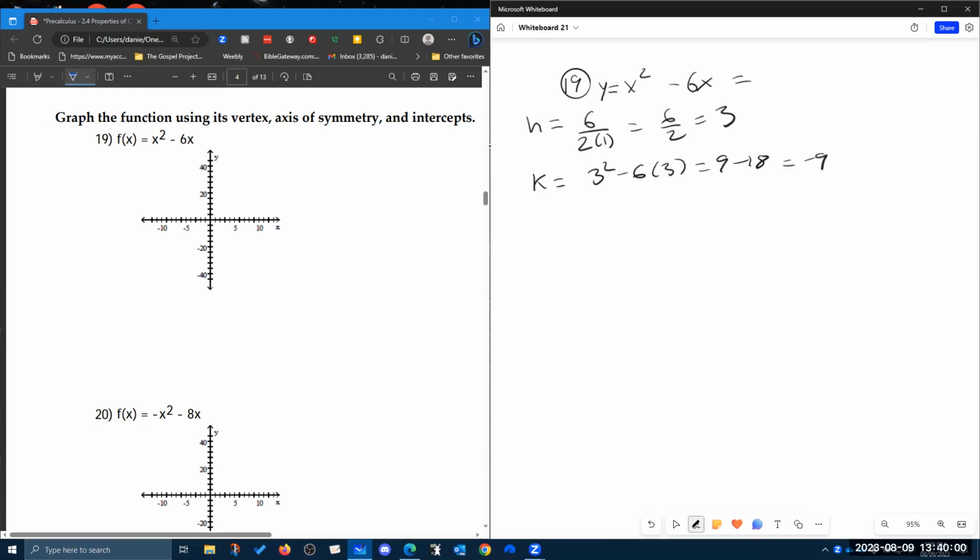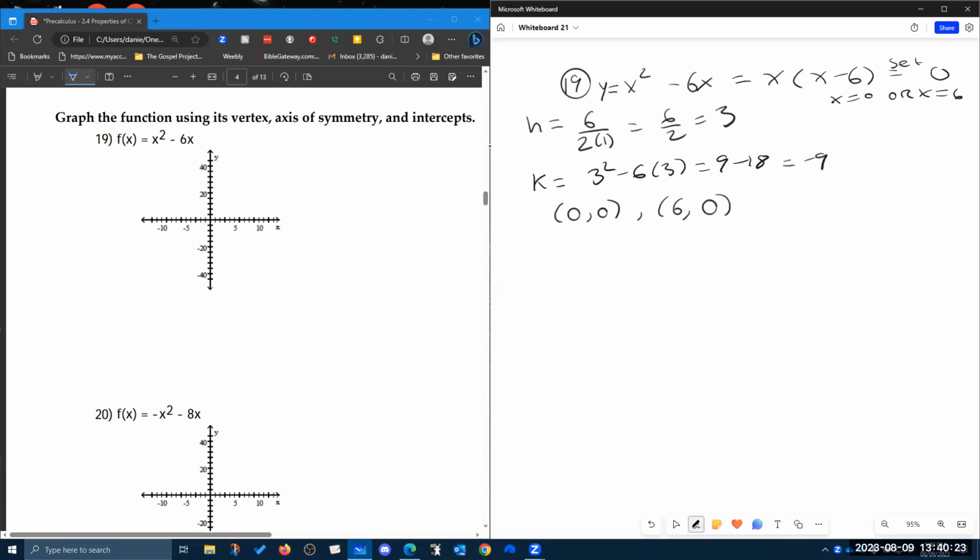If we factor this, it is x times x minus 6. If I set that equal to 0, it means x equals 0 or x equals 6. So that means I have x-intercepts at (0, 0) and at (6, 0).